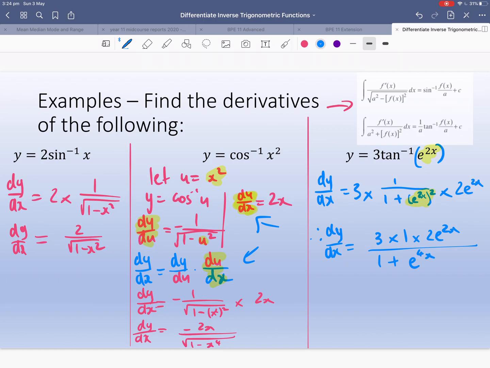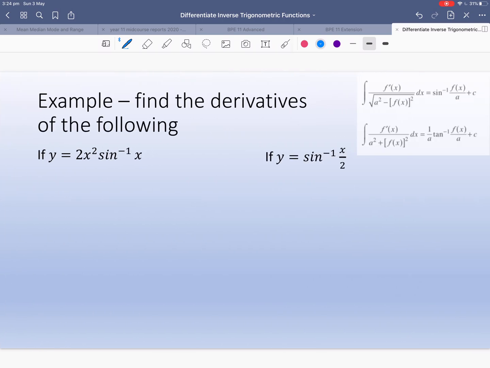All right. So there we have our answer. Okay. So, we can consolidate it a bit further. We go 6e to the 2x over 1 plus e to the 4x. Now, if you look at this, it's looking a little bit more like your formula sheet, but let's keep going. Here, there's two different ones.